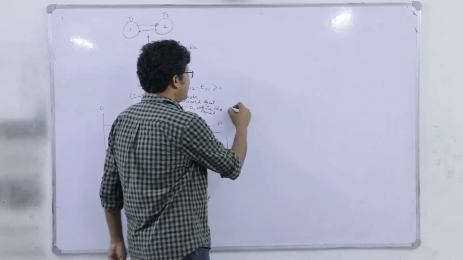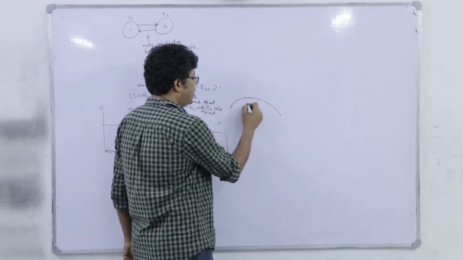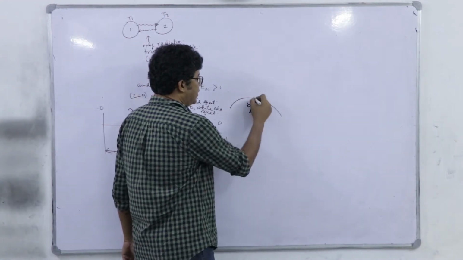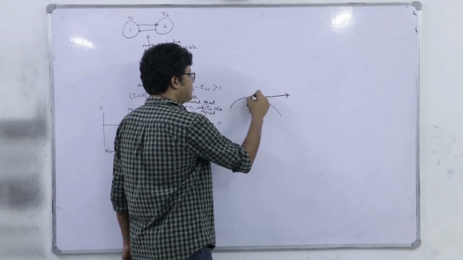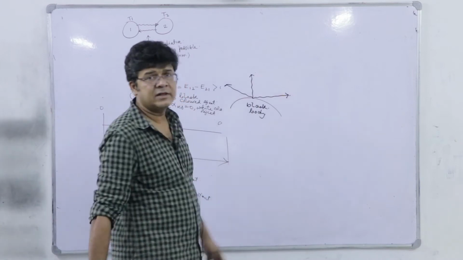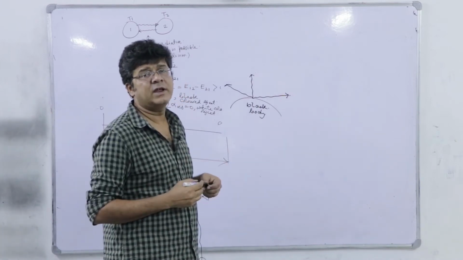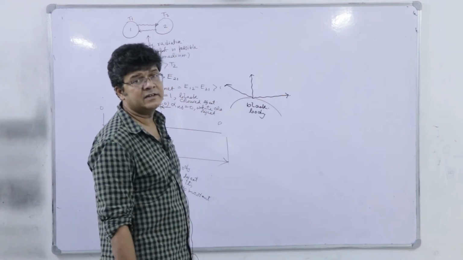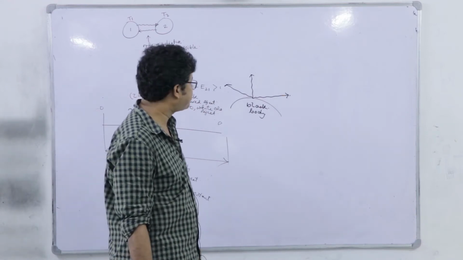Like if I have an object, a black body, its emission in this direction, or in this direction, it has got the unique intensity in all directions. So, uniform intensity is in all directions, right.